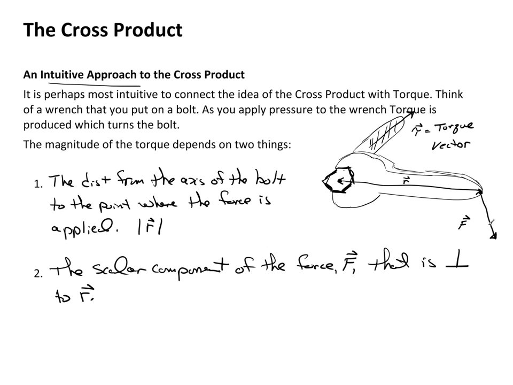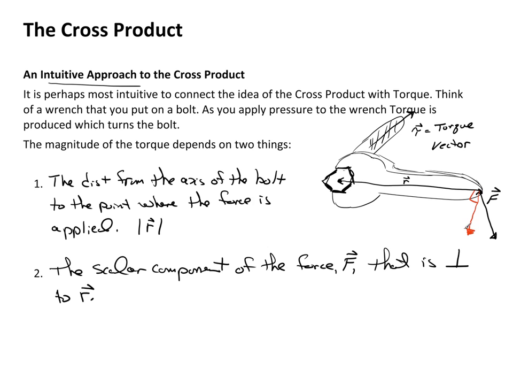Because if I'm pulling at an angle, the only component that's going to make this thing turn is what's perpendicular to r. So this component of the force vector, which would probably be a little bit shorter, but you get the idea. No, that's about right, the way I drew it.